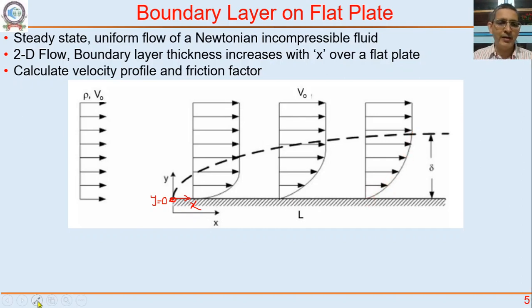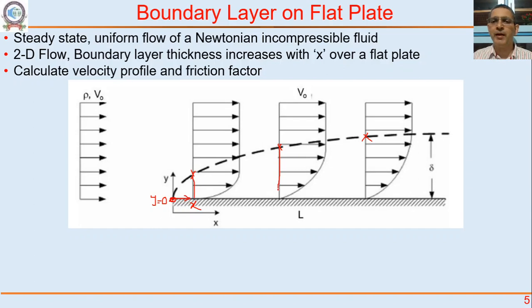So we can define point of, let's say, 95% of v0, where that is reached. Let's say that is reached here at this location x. At some other x location, the point of 95% velocity is reached, let's say here. At some other x location, the point of 95% of v0 is reached here. So this distance is called as boundary layer thickness.